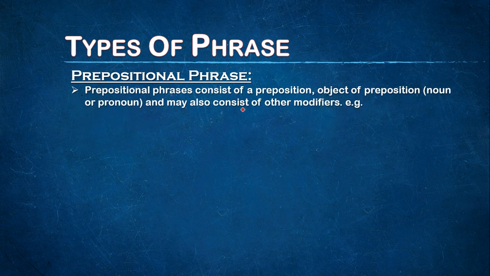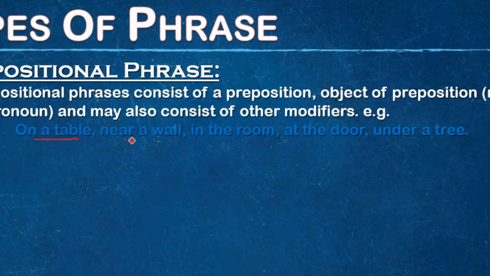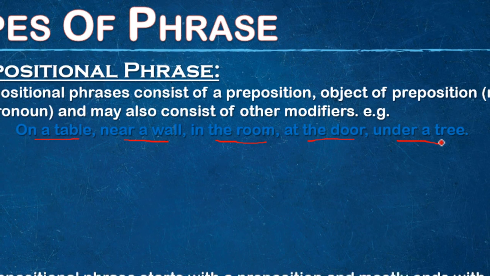Prepositional phrase. A prepositional phrase consists of a preposition, an object of preposition that is a noun or pronoun, and may also consist of some other modifier. For example, on the table, near a wall, in the room, at the door, under a tree. All of these are prepositional phrases.